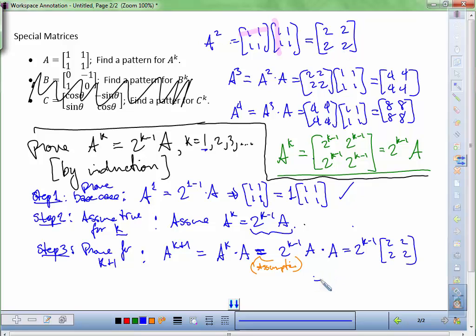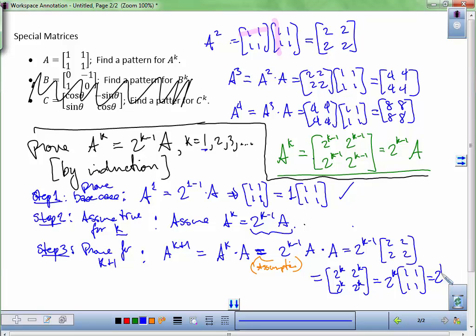And then you can finish this off by multiplying this scalar through, and then that would be 2 to the k, 2 to the k, and then you can factor it out again. Or you probably didn't need to do this step. So if you take the string of equalities where you started from and where you ended, that's the end of your proof.